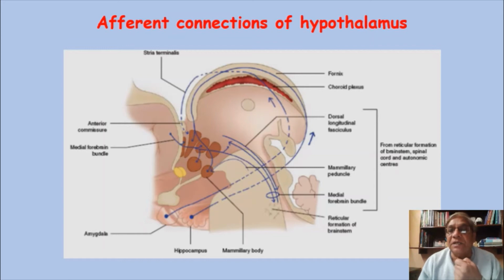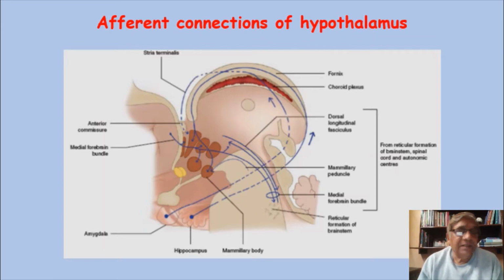But not only the autonomic sensation comes to the hypothalamus, somatic sensation is also brought. Mainly this somatic sensation and visceral sensation are brought to the hypothalamus through the reticular formation in the brain stem.